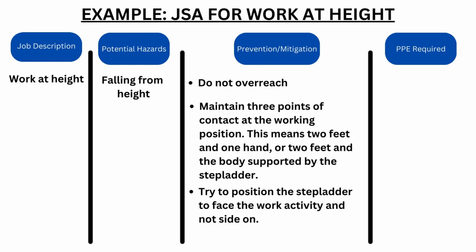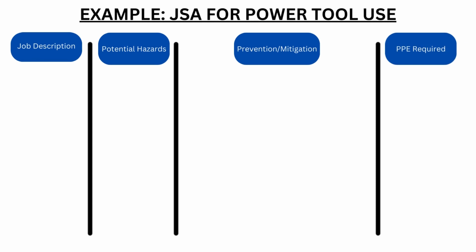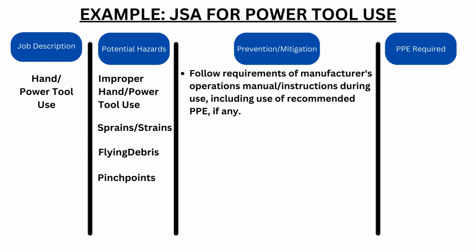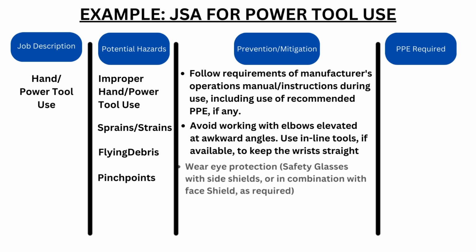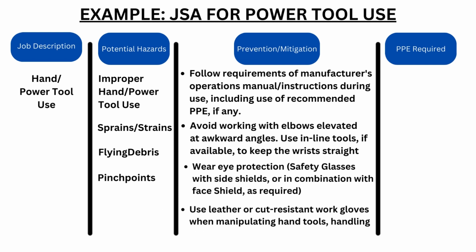What shall the PPE required in this case? It's non-slip shoes, proper hand gloves and the hard hat. The other example is the hand power tool. The potential hazard is improper hand power tool use. In such a case, what are the preventive mitigation measures? Follow requirements of the manufacturer's operations manual instructions during use, including use of recommended PPE if any.